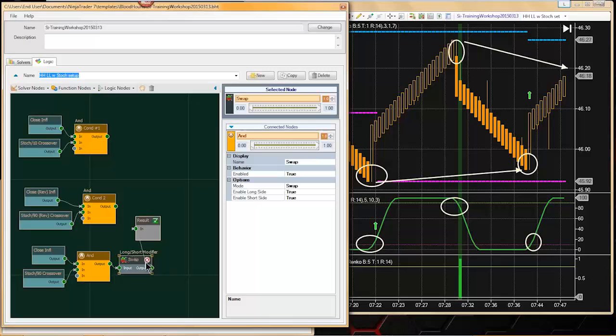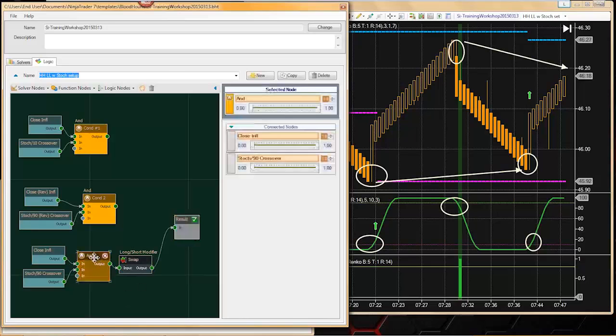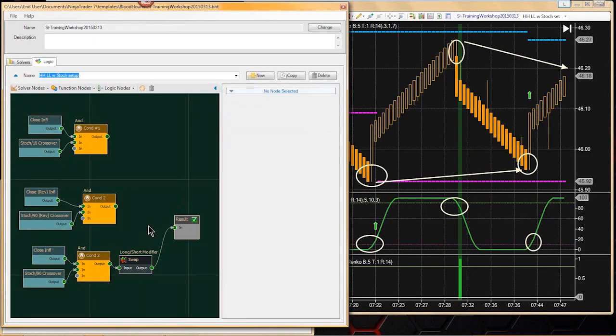So it just made the solver a little shorter in our system, right? So there we go. There were two ways of building condition 2. So whichever one you prefer, doesn't really matter.